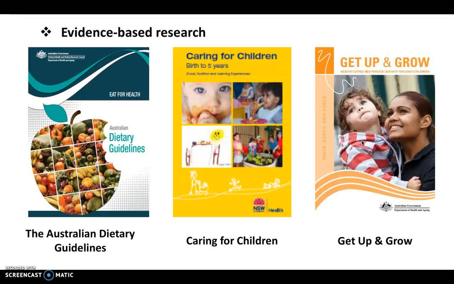The last one I would like to introduce is Get Up and Grow. It is a good guideline to look at as well. It provides practical information and policy to assist in developing healthy habits for children from birth to 5 years old. The strategies in this guideline are a perfect tool for teachers to promote healthy eating and physical activity.